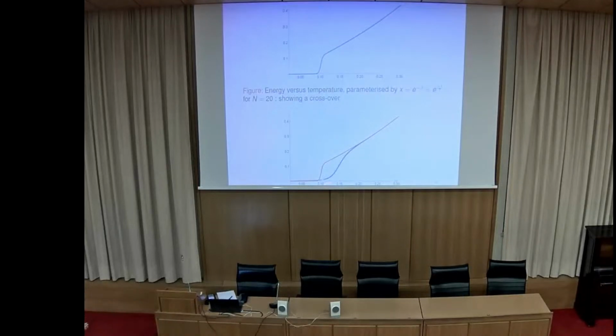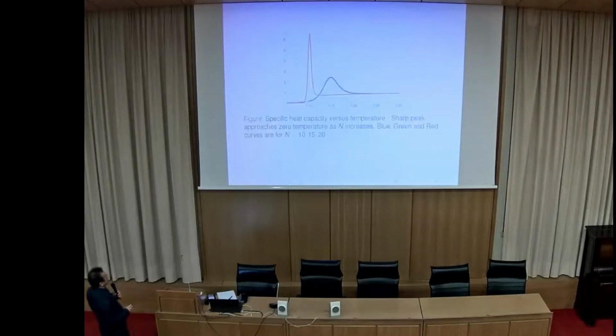As n increases, you still have a sharp transition, but it goes to lower temperature. You can work out the specific heat capacity. There's a peak where that jump was, and again that peak recedes to lower and lower temperature as n increases.